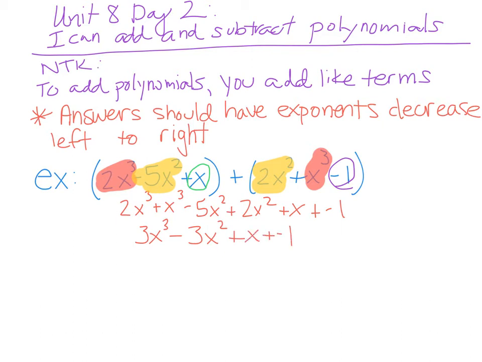You can write it as plus negative 1 or just minus 1, which is fine as well. So there's your final answer. It's written correctly. Exponents decrease left to right. And we're done. If you need this step right here, great, do that. If not, you don't have to. It's okay if you don't.